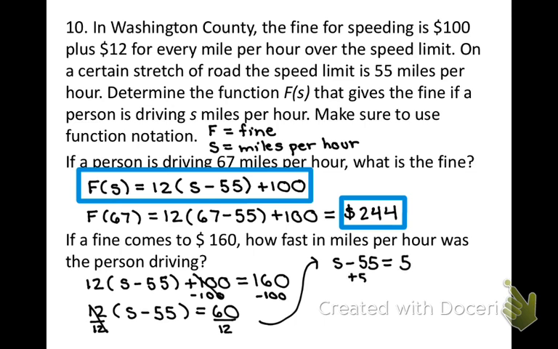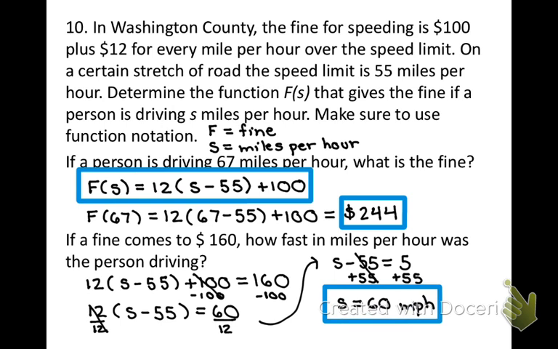And last but not least, we need to add 55. And we get that S equals 60. So we are looking at 60 miles per hour will result in a fine of $160.